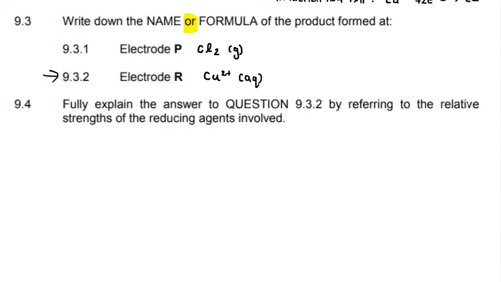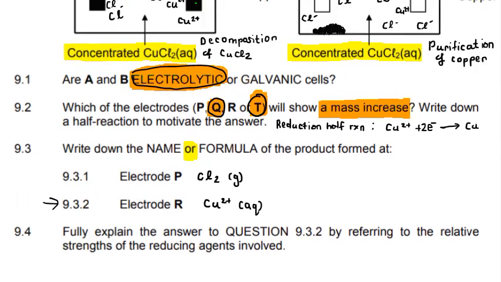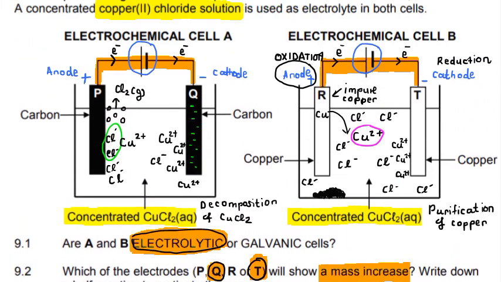Now they want us to explain why the product formed at electrode R is copper 2 plus ions. For this we are going to have to go to table 4a, so that I can explain why copper 2 plus ions are going into solution.